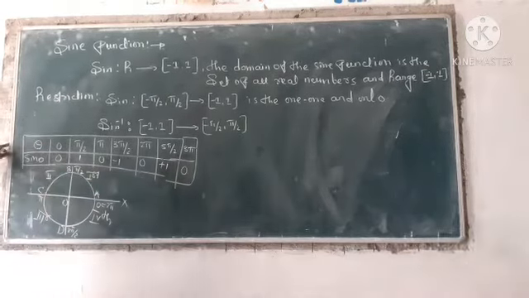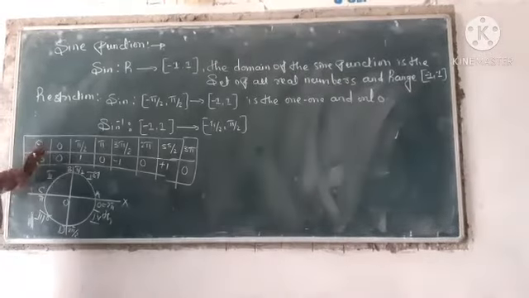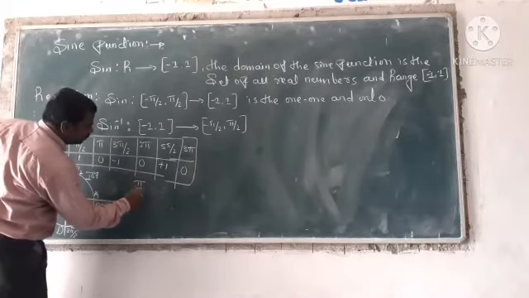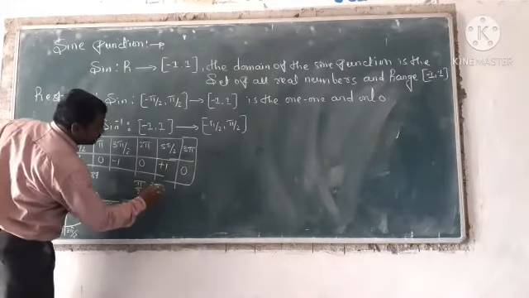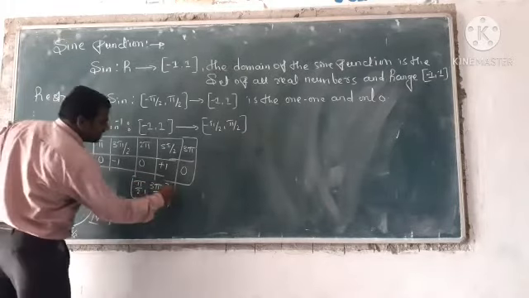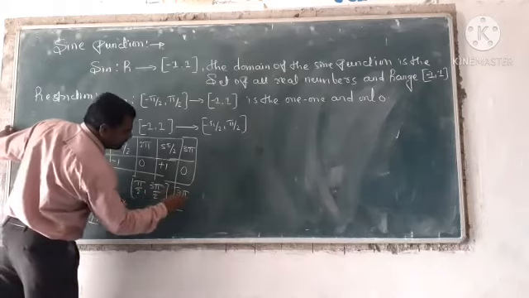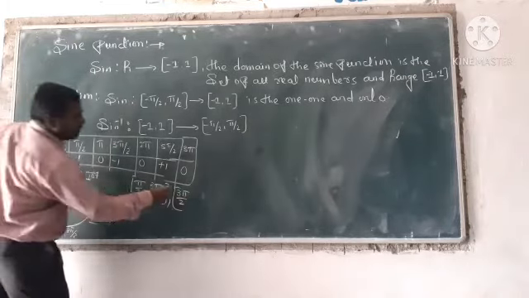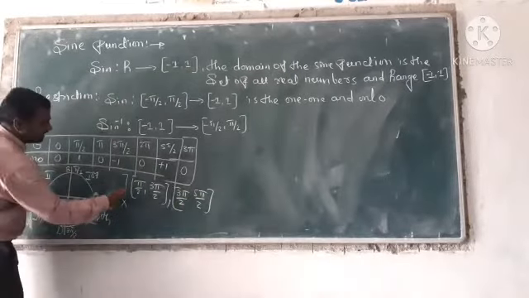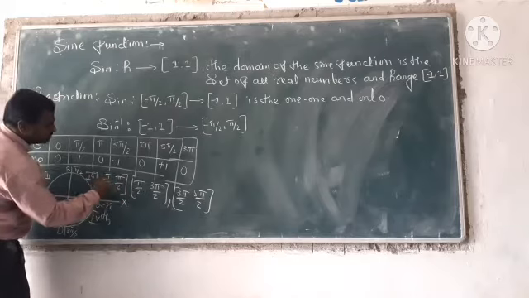So the values are plus 1 and minus 1. This is the closed interval of pi by 2 to 3 pi by 2. So next, 3 pi by 2 and pi by 2, and another one, pi by 2 and minus pi by 2.